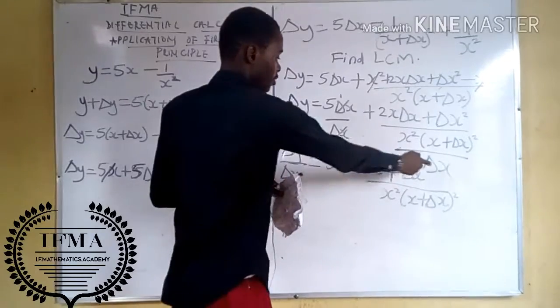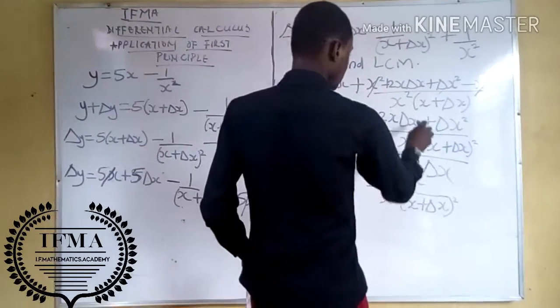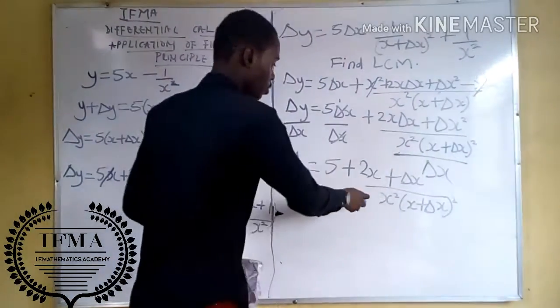How did we get this? Because we divided this by this. That's how we got this.